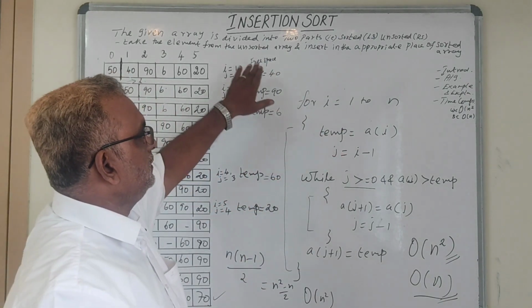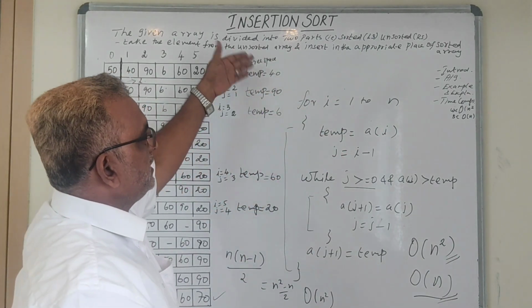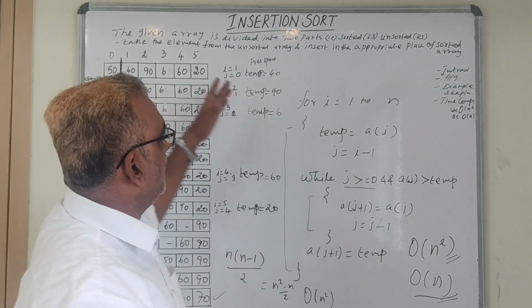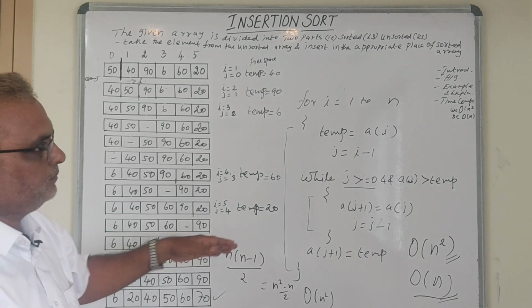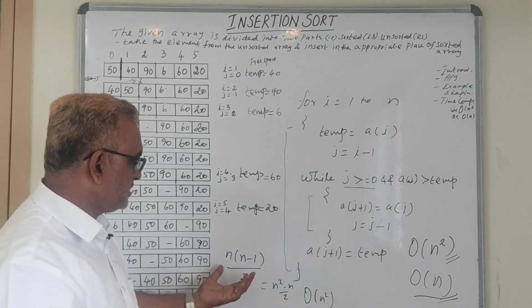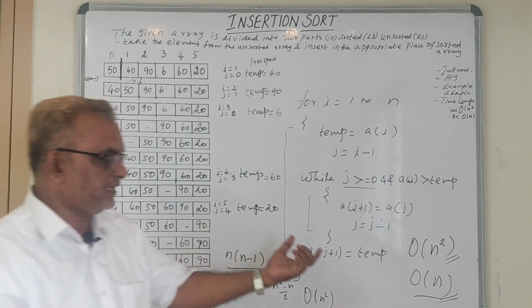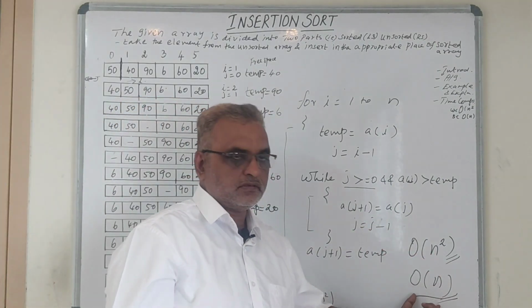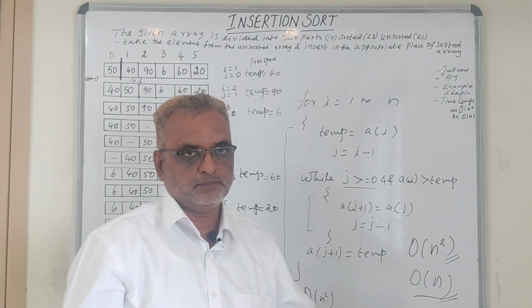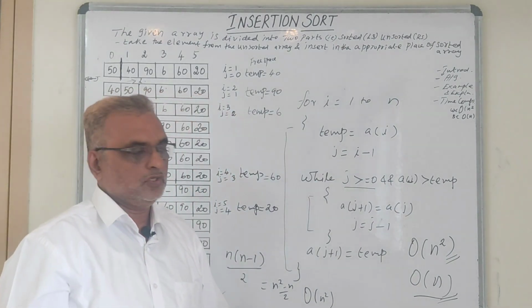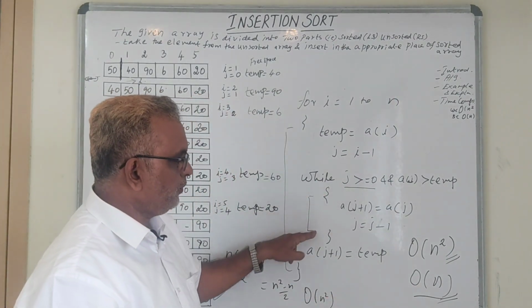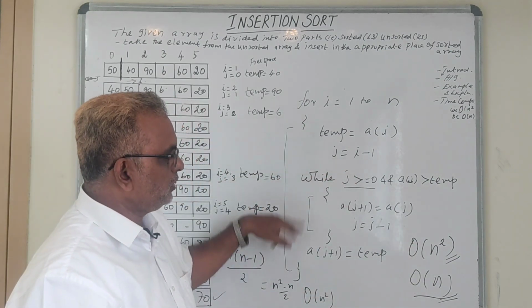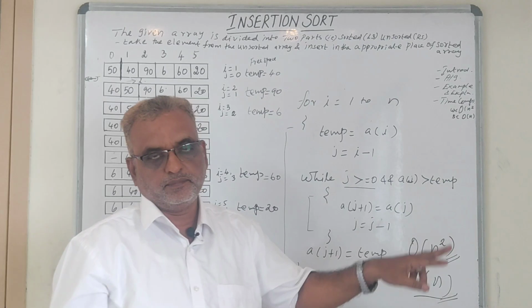I explained the details about insertion sort, gave the algorithm, explained it with an example, and also discussed the time complexity. For the worst case it is n square, and for the best case it is n. Without executing the inner loop, you get order of n. If you execute both the loops, you get n square.